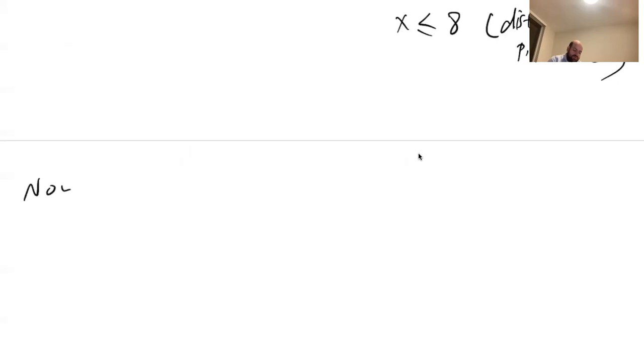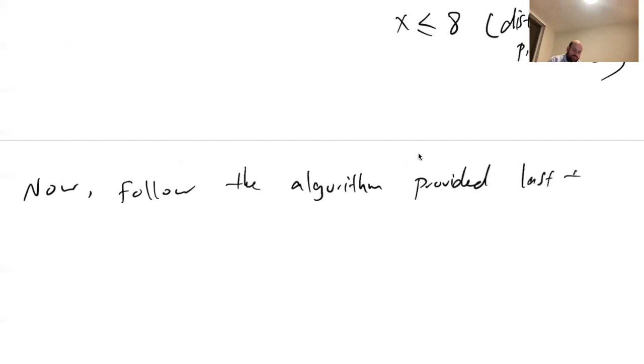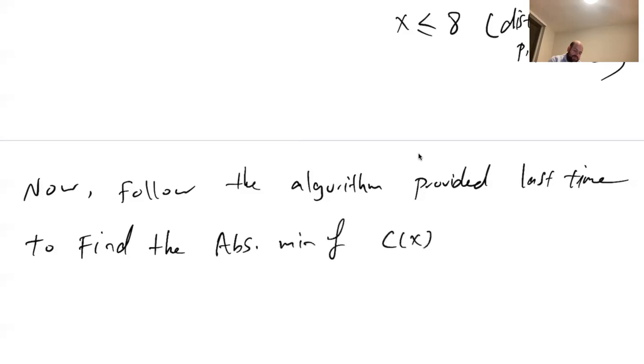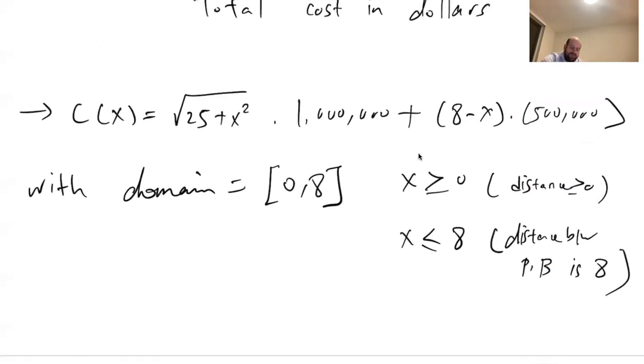So now follow the algorithm provided last time. To find the absolute minimum of C of X on 0 to 8. See, I have a continuous function.